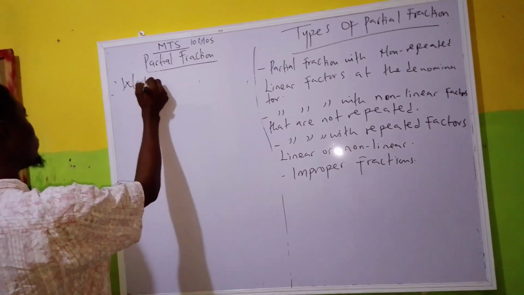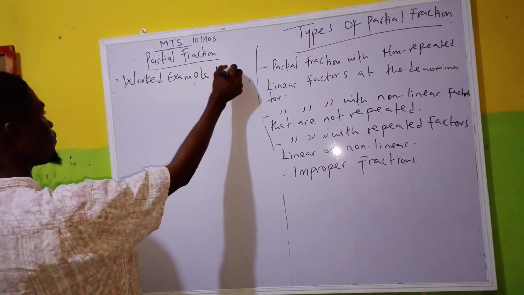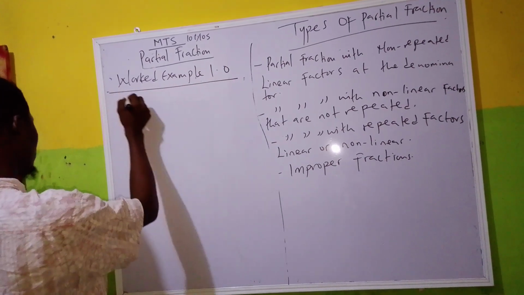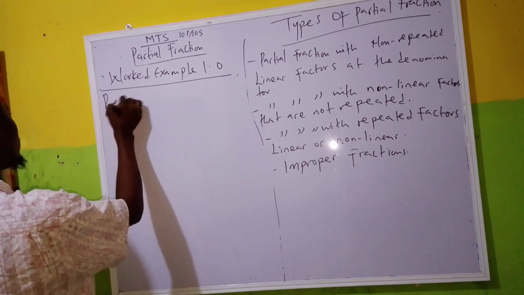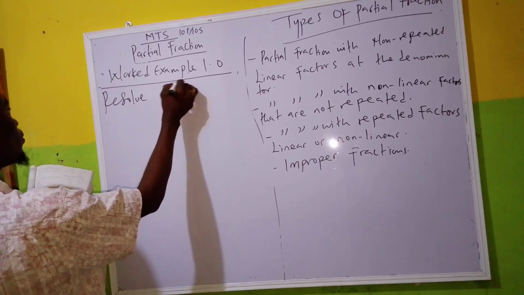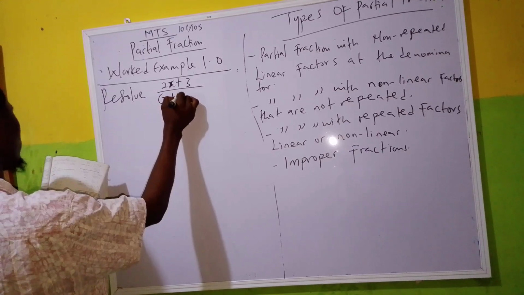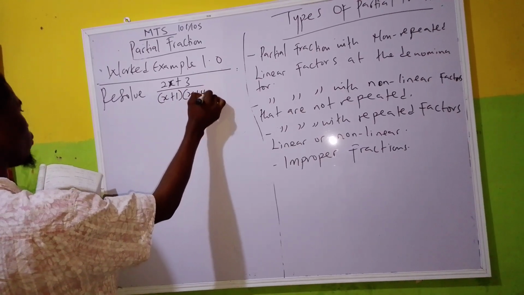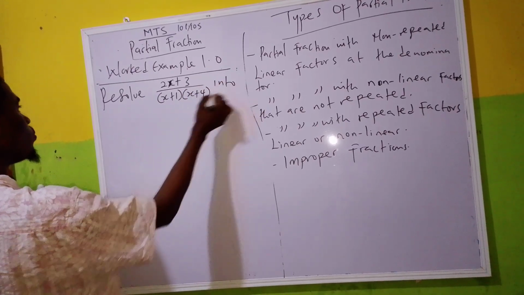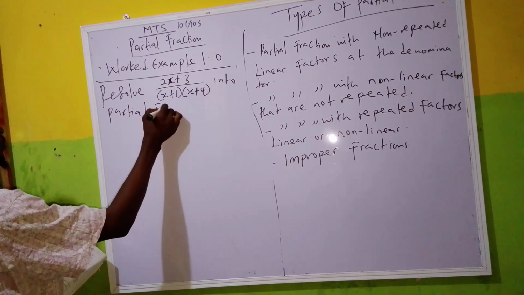Worked example 1.0: resolve (2x + 3) over (x + 1)(x + 4) into partial fractions.